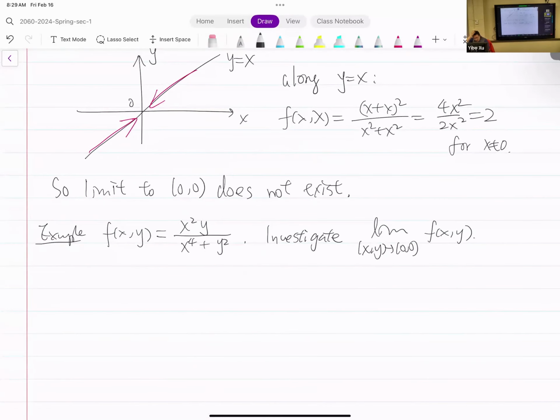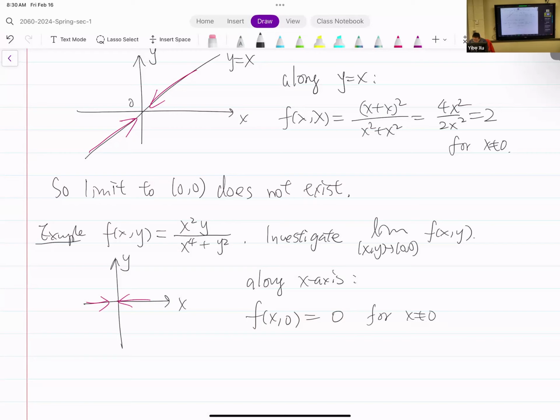So now let's see what happens for the directions that we have tried. Firstly, of course, along the x-axis. Here we have y equal to 0, so f of x, 0 equals 0 over x to the 4, that's a 0 for x not being 0.